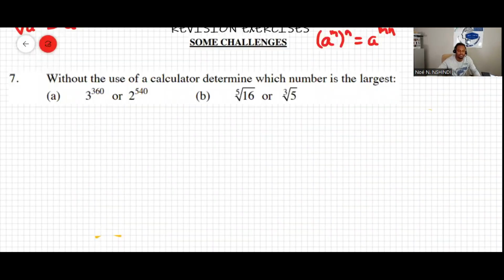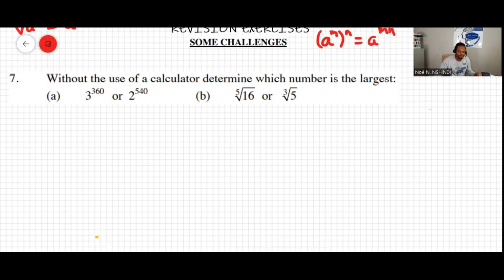Next question says, without the use of a calculator, determine which number is the largest. A, 3 to the 360 or 2 to the 540. B, fifth root of 16 or third root of 5. This is quite an interesting problem.